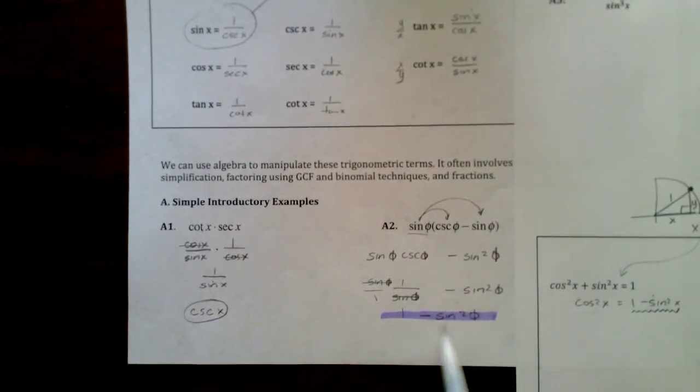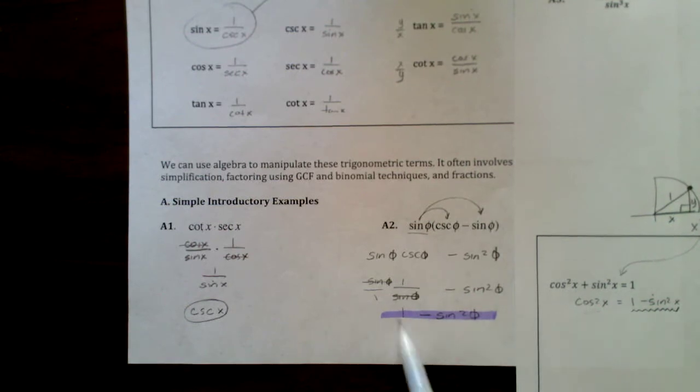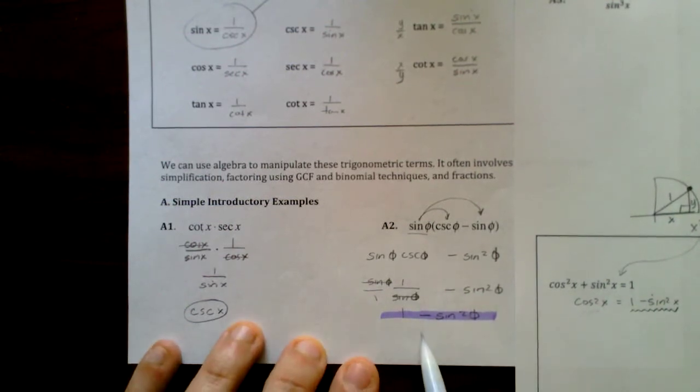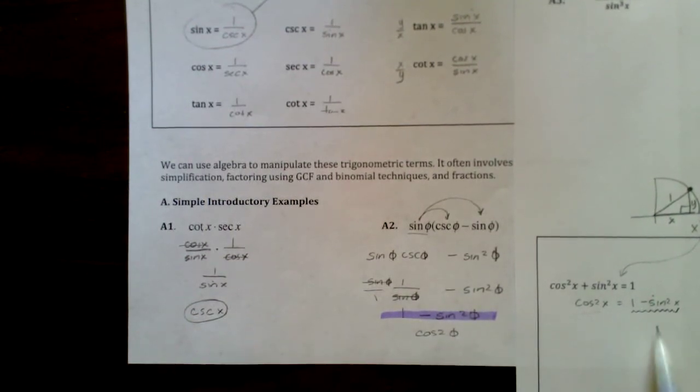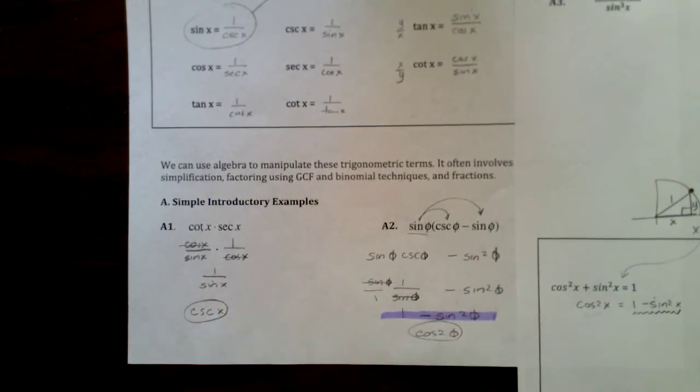Notice I have 1 minus sine squared with a different Greek symbol. I can substitute using this Pythagorean identity and say that this is the same thing as just cosine squared because I manipulated using legal algebra and then I substituted. So this is actually the answer that I would be looking for in the second problem.